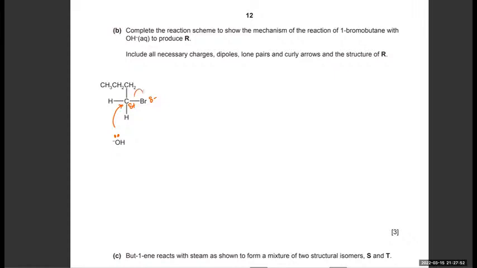The electrons will be repelled. The next stage would be the transition state, where you would have H, and at the top there is CH2.